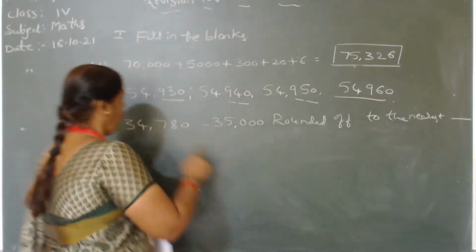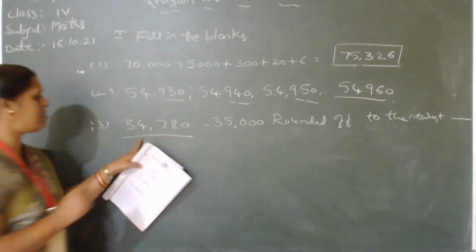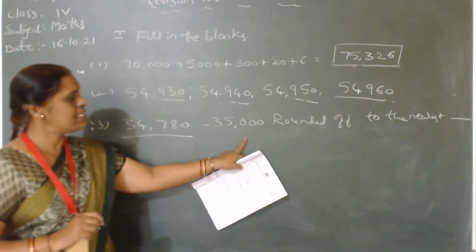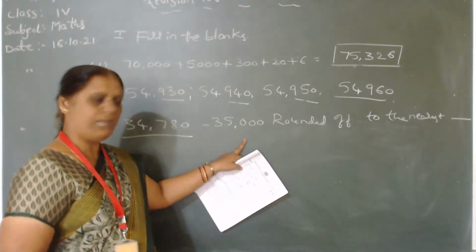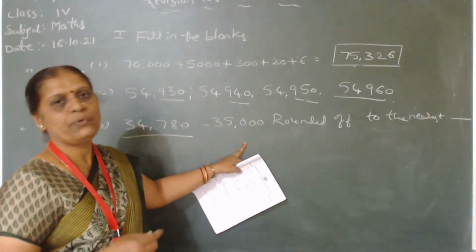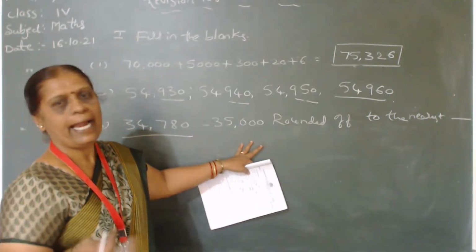Here 34,780 is nearest rounding of numbers. As you know, we round to the nearest tens, hundreds and thousands.